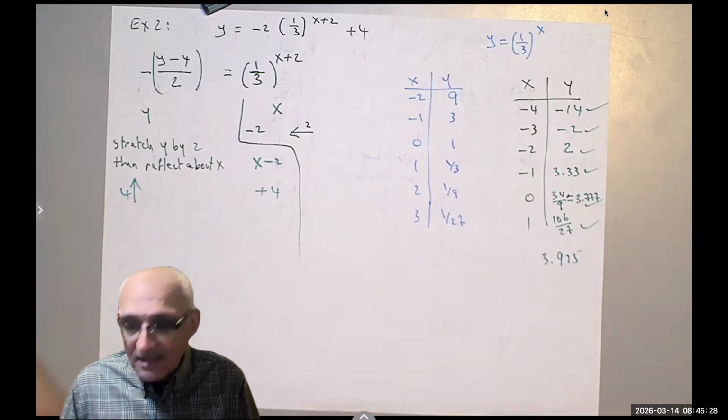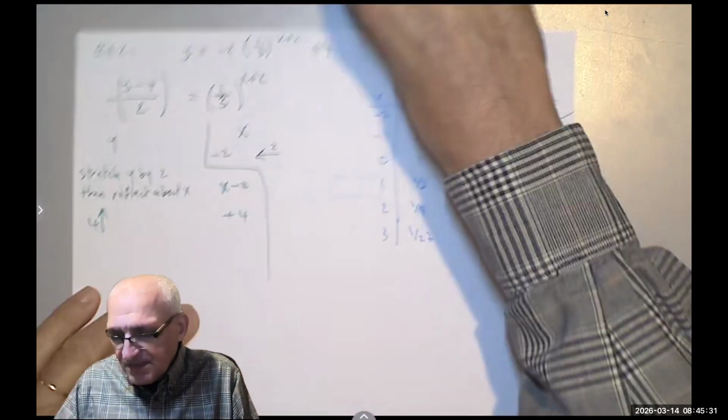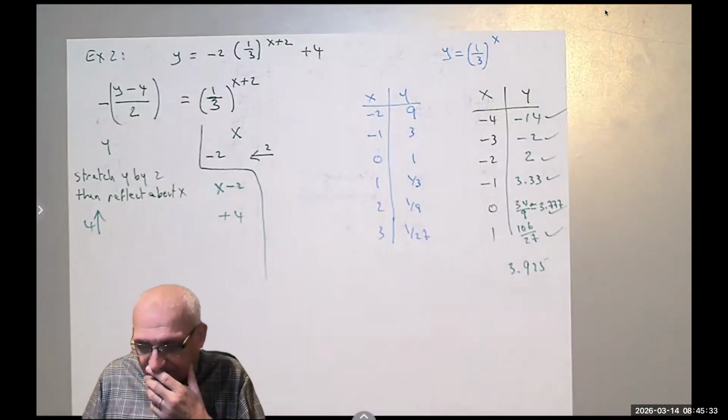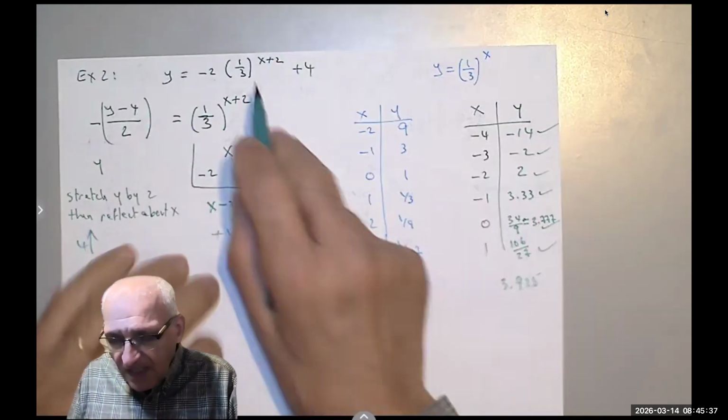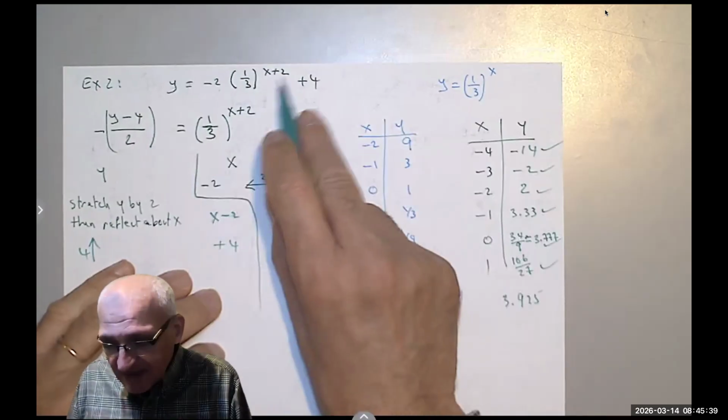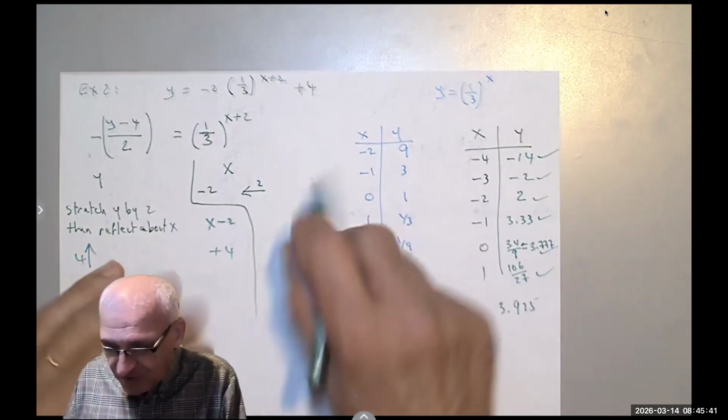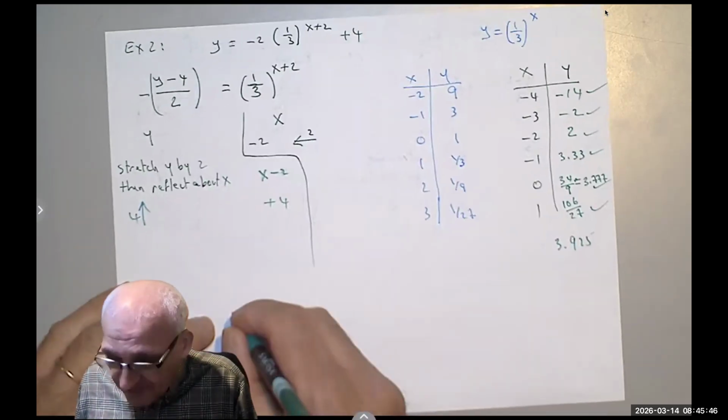In fact, maybe not here, but in other cases, I could have said, you know what? Instead of saying 1/3 to the x plus 2, I'm going to write it like that. I could have done the following.